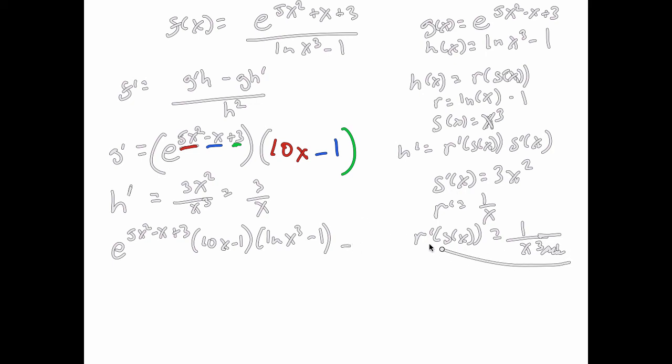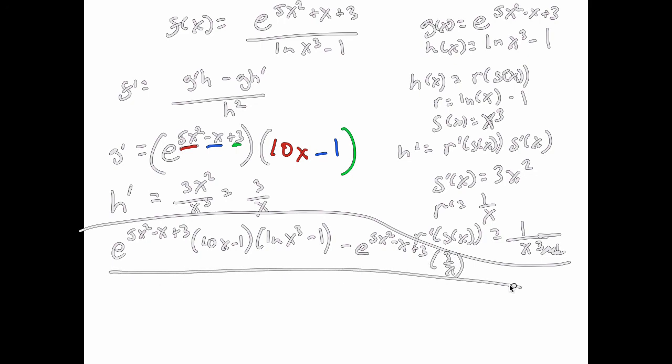Let's do this. Minus, what's next? g, which we write again. Should have taken that in both terms, make my life easier. And times h prime, which is 3 over x, and divide the whole thing by h squared, which is natural log of x cubed minus 1, squared. And that's it.